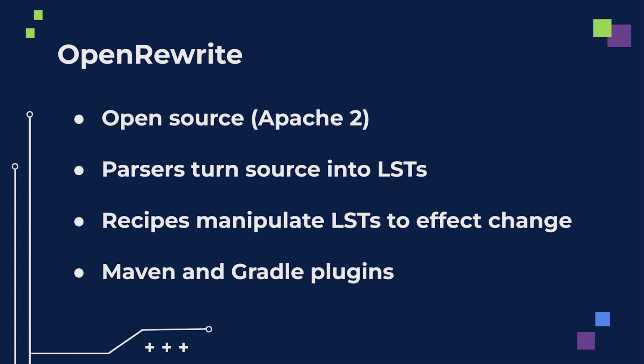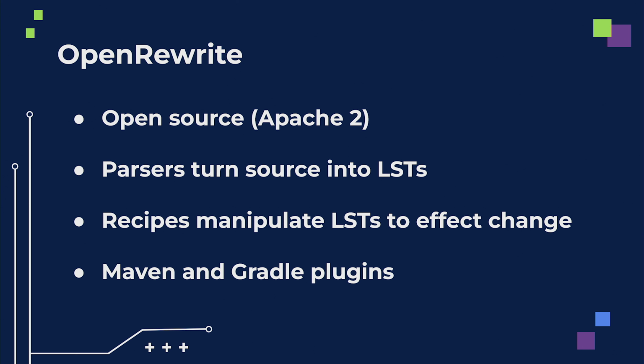So in order to get us to the next level of being able to automate changes to code, we need a more structured representation, something that programs can work with more fluently and with less error than text. And that is what we call an LST. Part of Open Rewrite is parsers that turn source code into this structured LST representation.